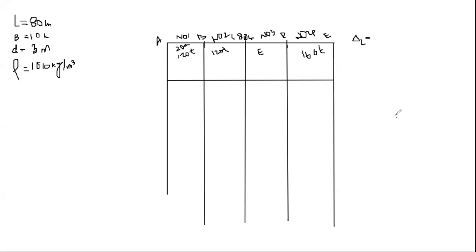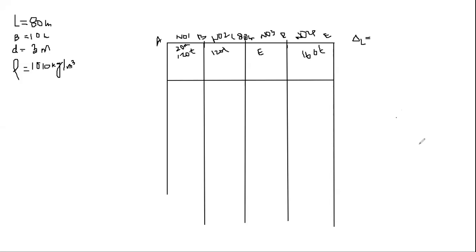It's going to be calculated by volume times the density given. So we can find the volume by the given draft, because this draft is given before loading. So we can calculate the volume, 80 times 10 times 3, then times the density given. Okay, what is your answer?